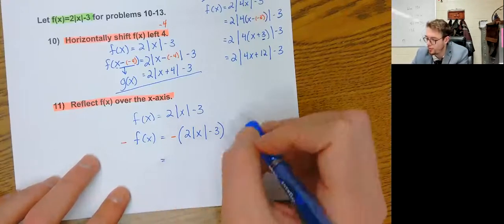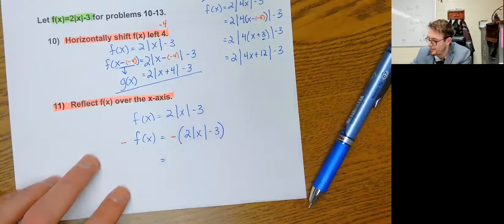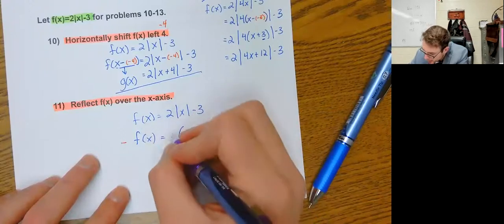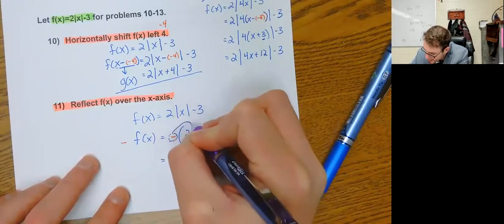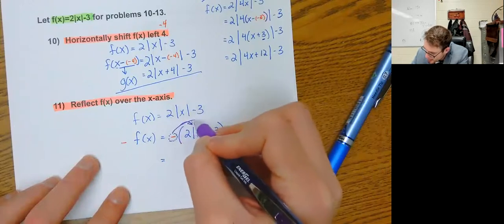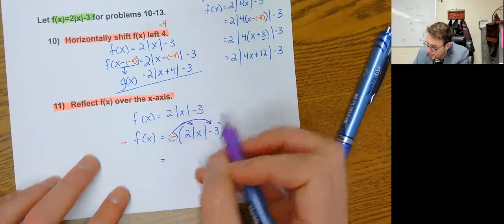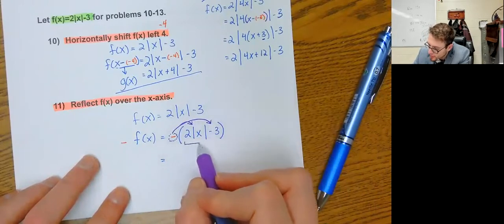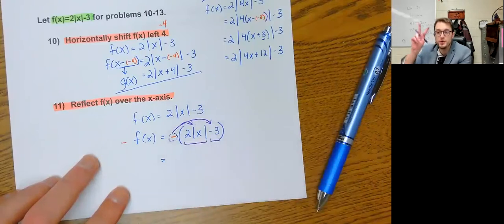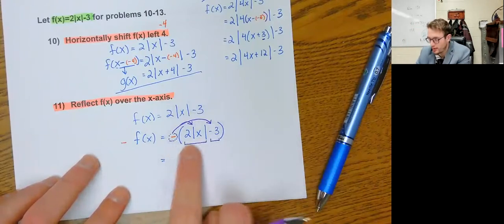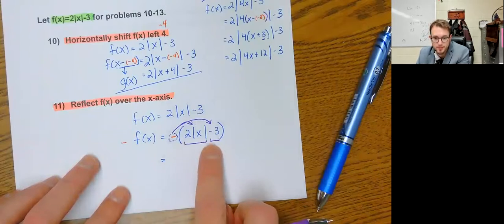So what's really important here is we have to distribute this negative, but what's really key is there's only two terms inside the parentheses.